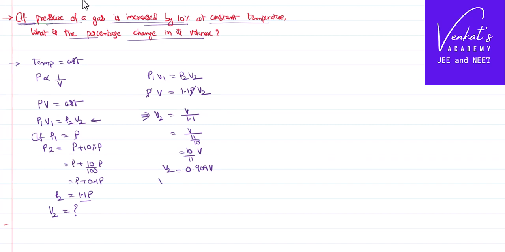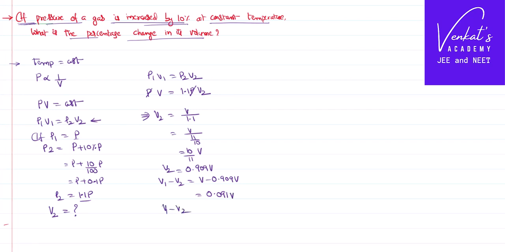So as the pressure increases, volume decreases. So V1 minus V2 is V minus 0.909 times of V. That is 1 minus 0.909, which is 0.091 times of V.